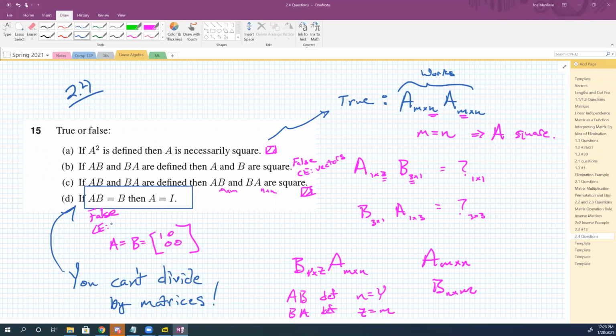Yeah, in the case that the matrix B has an inverse, then this implication is true-ish. Well, I was thinking that A could be some matrix times its inverse, like two different matrices multiplied together to make I.